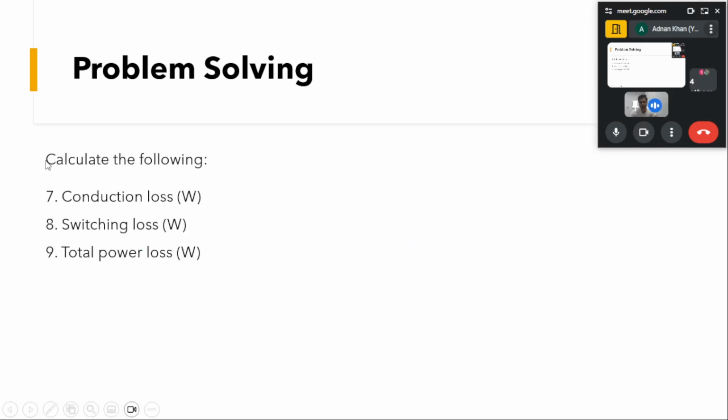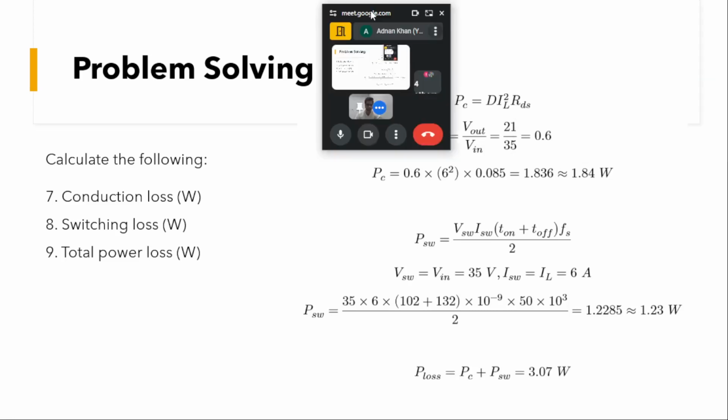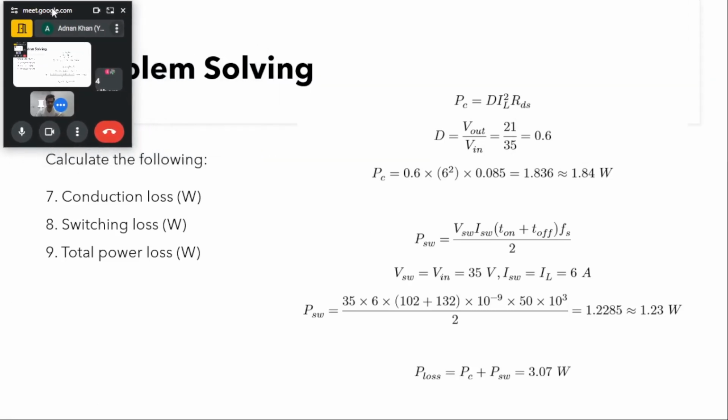So now what we have to do is calculate the conduction loss, switching loss and the power losses. We had seen the equation for this power loss. We know that the conduction power loss is equal to I RMS switch current squared into RDS on.